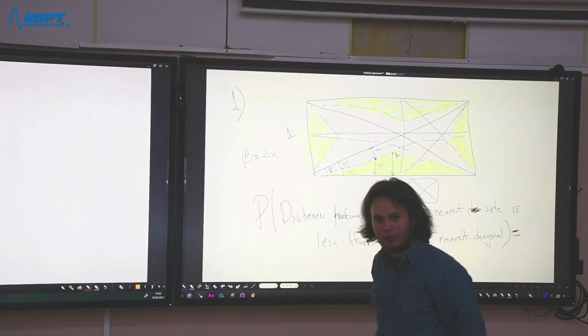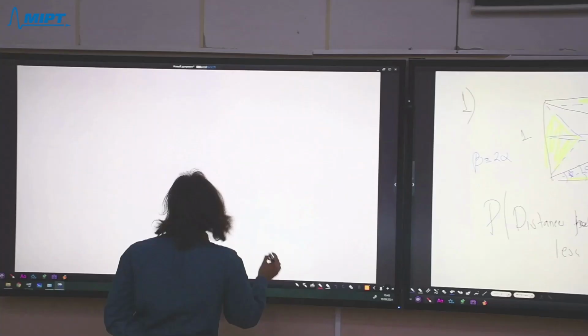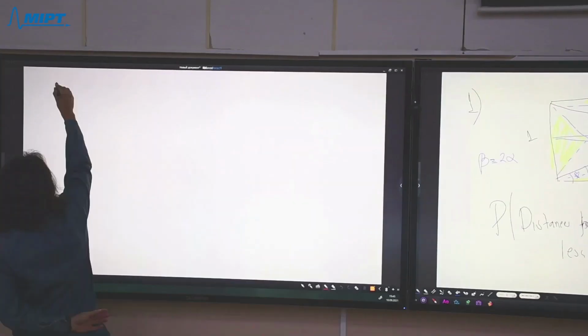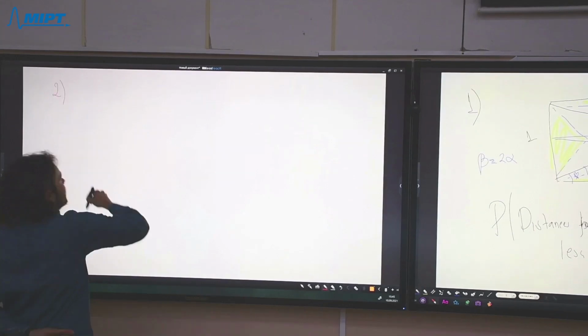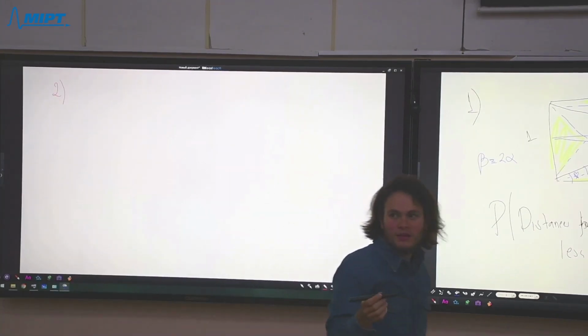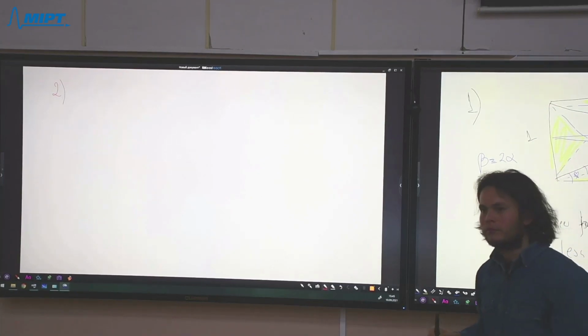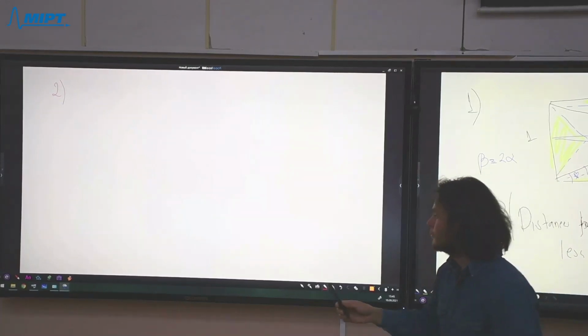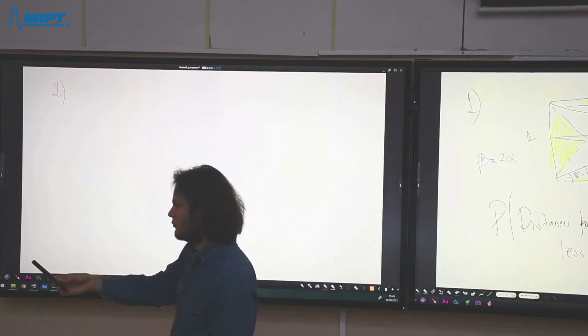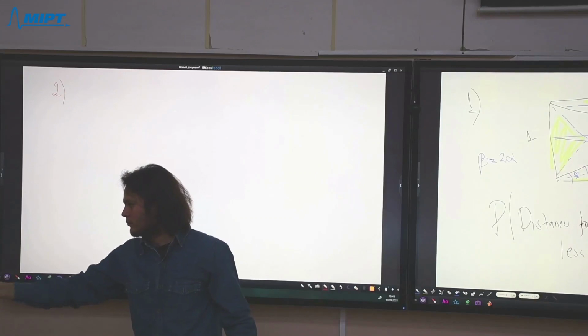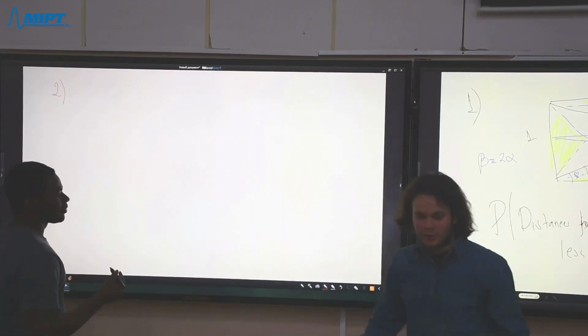Now, the second exercise. For the second exercise, who wants to solve it? All right, please. Tell everyone what we need to solve, and solve, please.